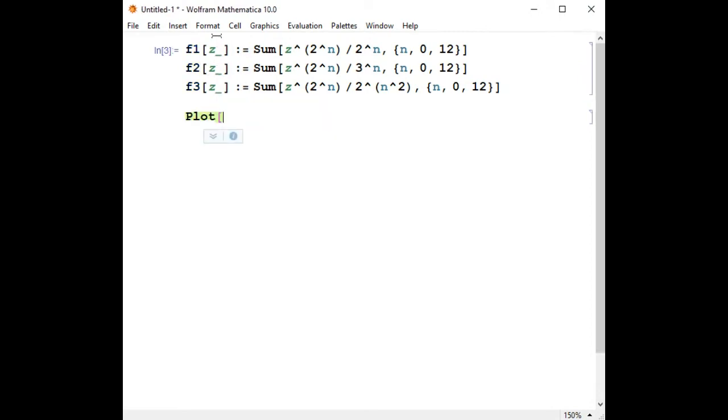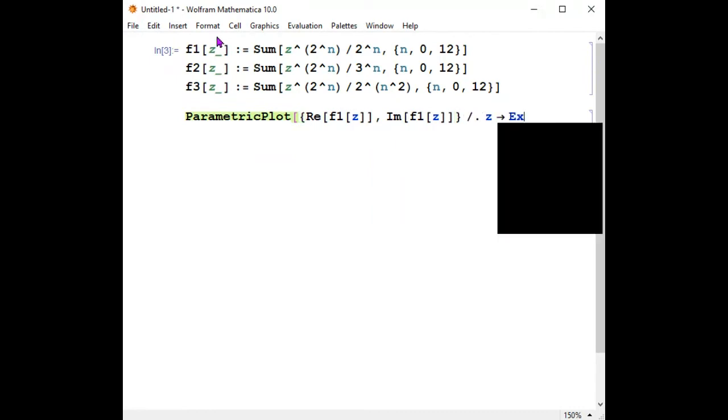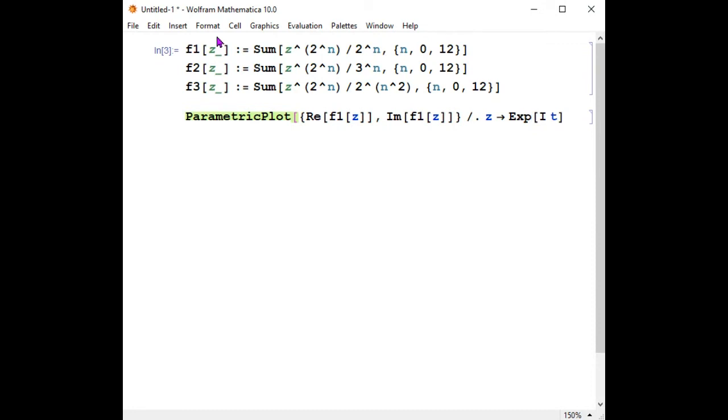And now I'm going to plot. Let's do real part, and this is parametric plot. Real part of f1 of z, imaginary part of f1 of z, and I'm going to replace z with e to the it.